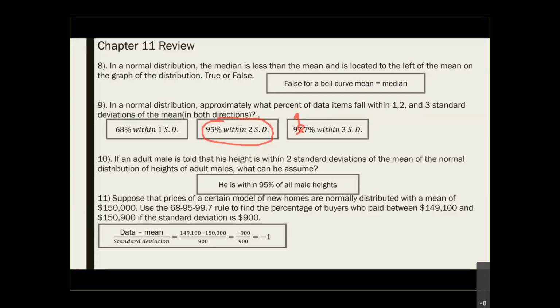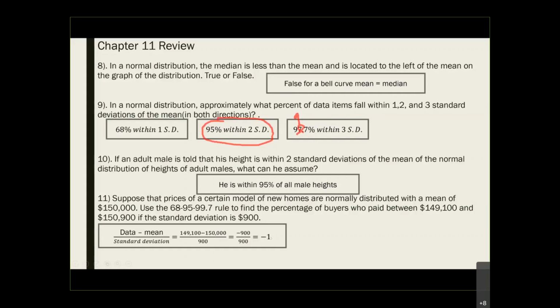We take the data, 149,100, minus the mean, 150,000, which is negative 900, divided by the standard deviation of 900, to give you negative 1.